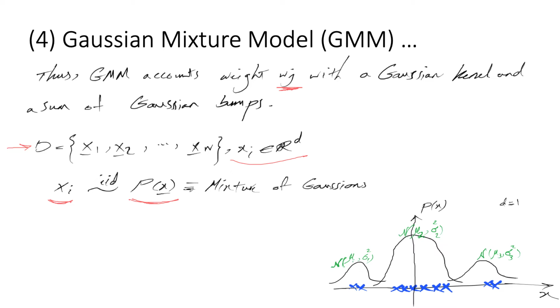So here you have a bunch of data in blue, and d is equal to 1. You can define them by 3 different bumps, or bell shapes. Each of them has its own mu and sigma, first one, second one, and third one. And using Wj, you can weight these 3, so make sure the overall area again becomes 1.